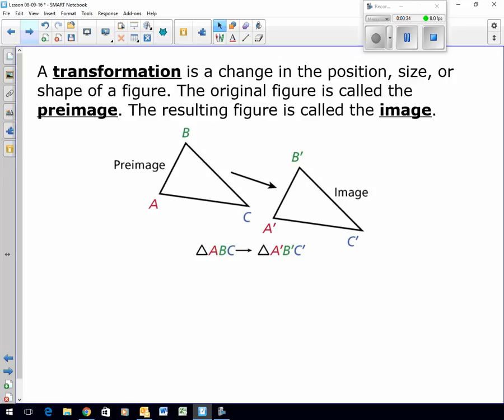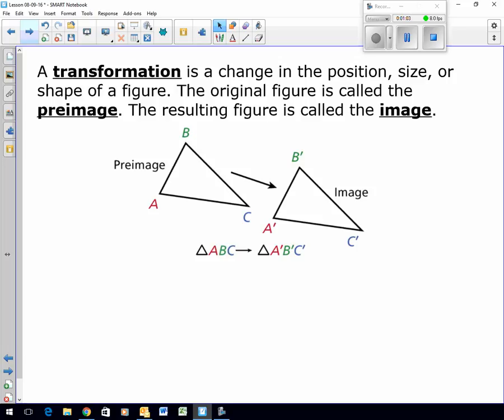Okay, vocab words we need to talk about are pre-image and image. After writing, I'm going to talk about this.